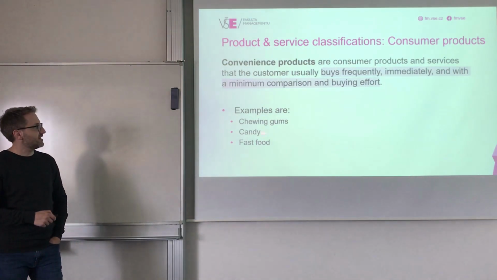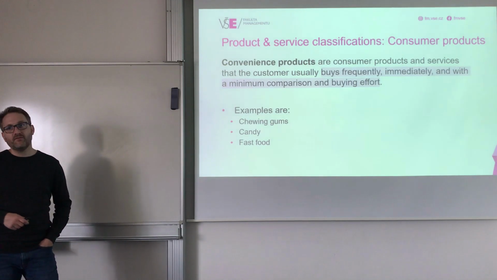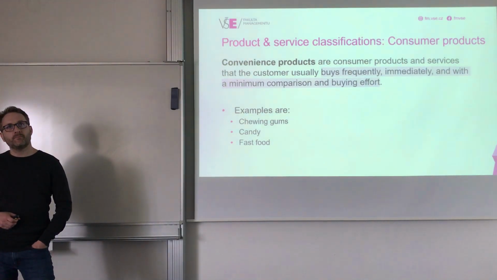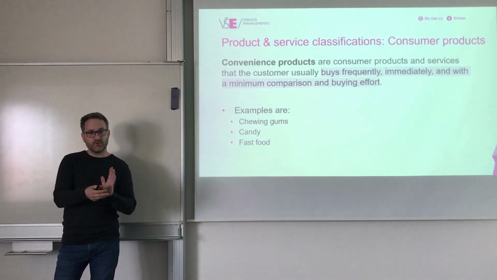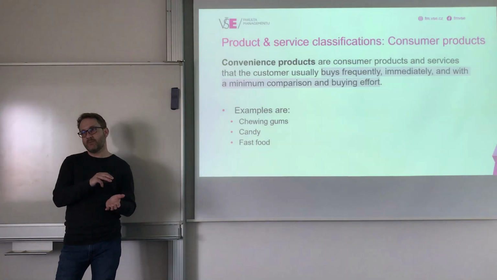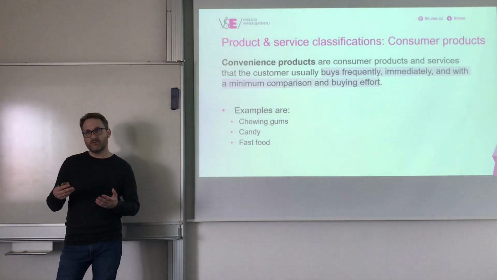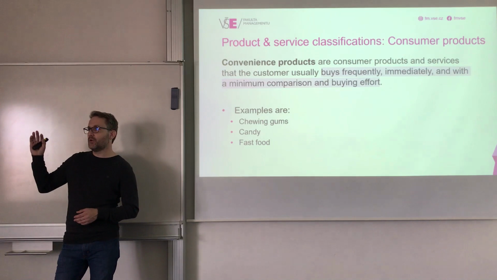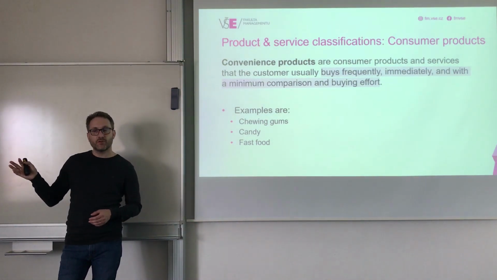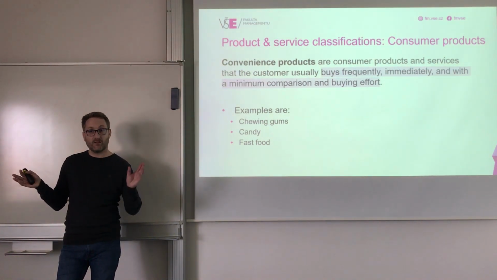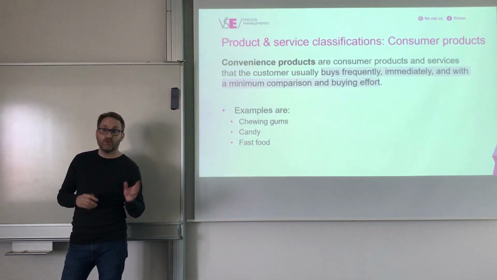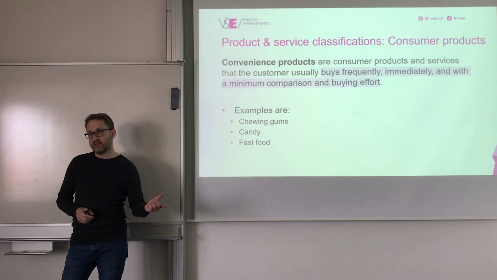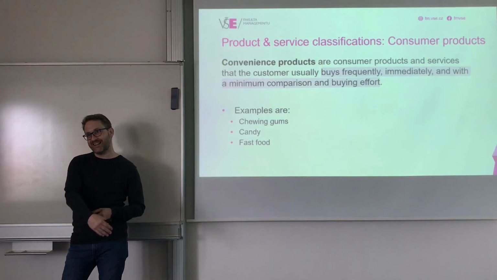Things like chewing gum, candy, fast food, some drinks, and so on. So the consumer in that case has minimal intention to think about the buying process. It's like if you go to the convenience store to buy a bottle of Coca-Cola and they don't have it but they have Pepsi, you probably choose Pepsi instead, because it doesn't matter at that time.